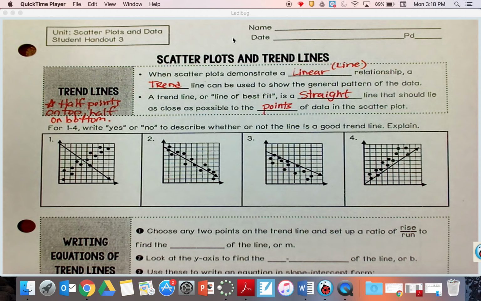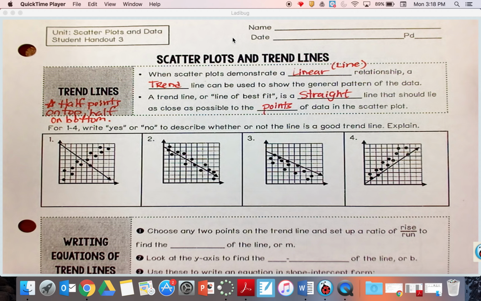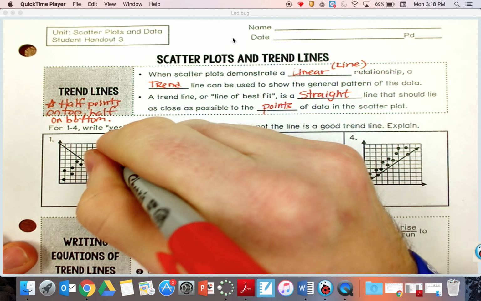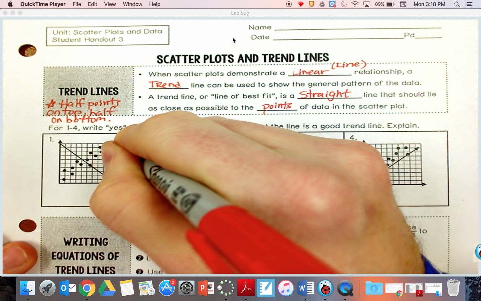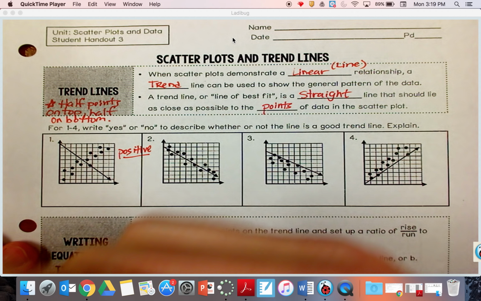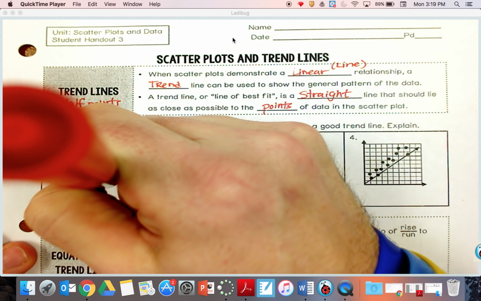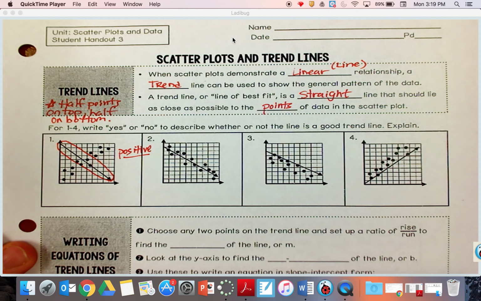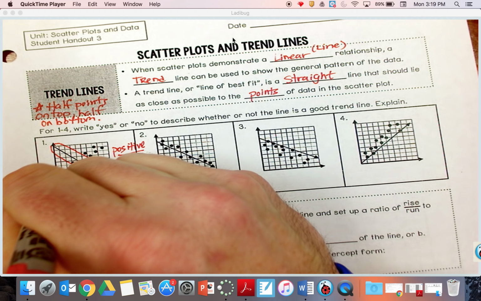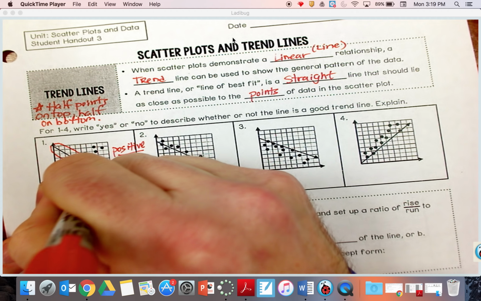So let's take a look at 4 examples here and see which of these are good trend lines or not. If you look at number 1, you can see that our scatter plot has a positive relationship. But when we look at our trend line, our linear line going through here, you can see that it is negative. So our trend line is negative.